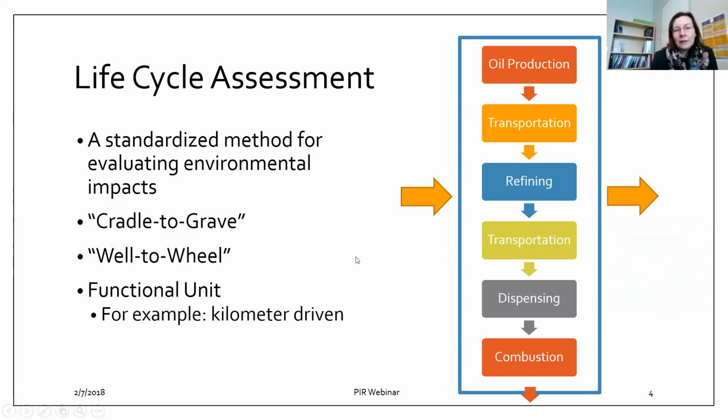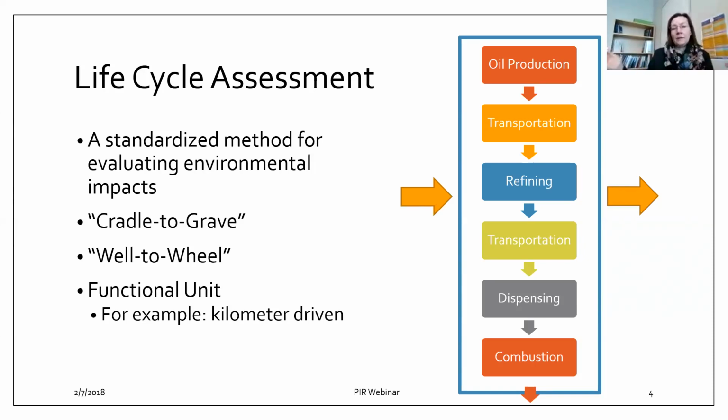One of the important pieces about life cycle assessment is that all of our emissions or all of our environmental impacts are reported on the basis of a functional unit. The functional unit relates all of our impacts to the function that they're actually serving. So for a vehicle, if you need to get to school, you don't say, okay, I'm going to go out and burn 10 liters of gasoline to get to school.